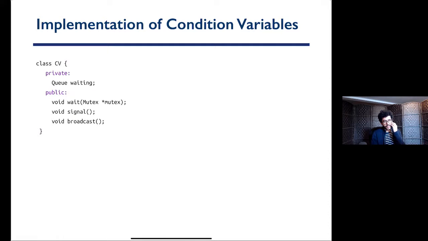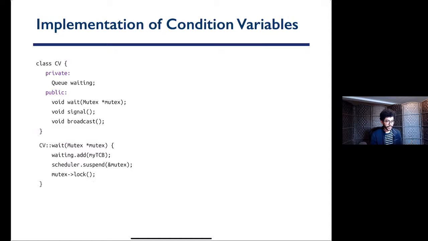It's very similar to the two previous implementations. We're going to have a private element, which is this queue of waiting threads, and we're going to implement three functions: wait, signal, and broadcast.